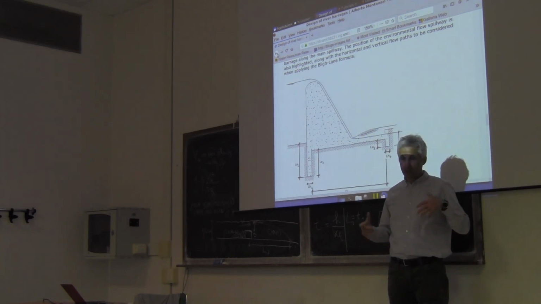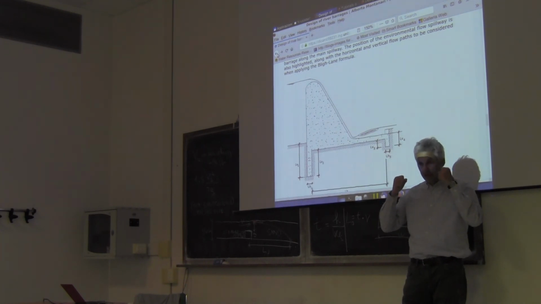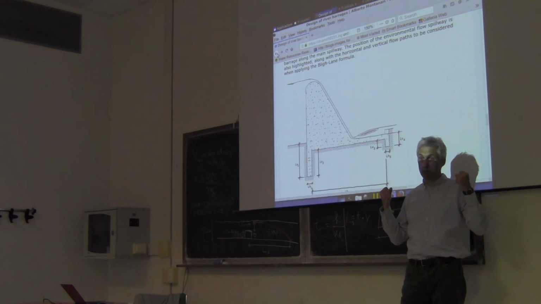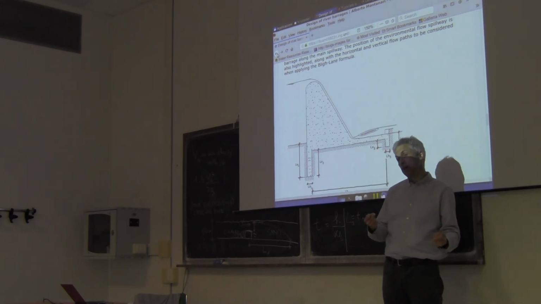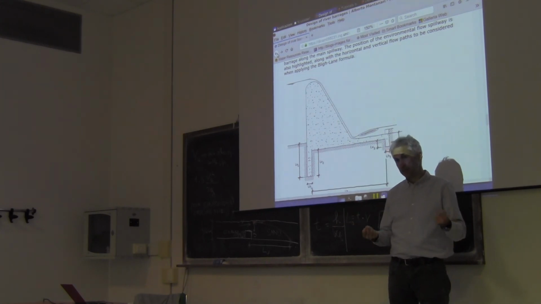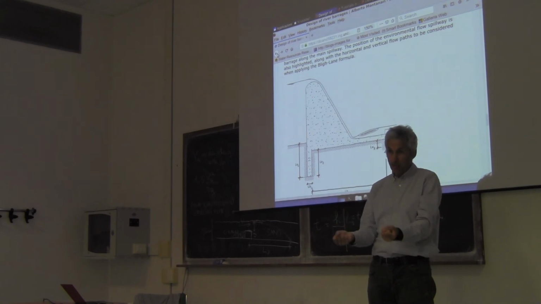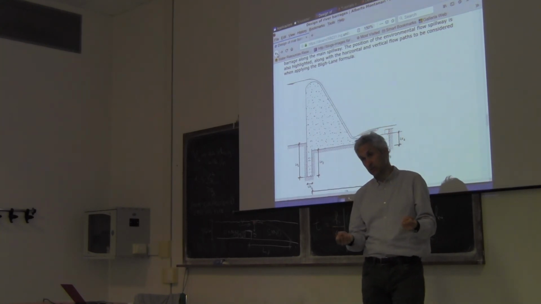The purpose of creating a pool is that when the flow lands into a mass of water, of course you have a huge dissipation of energy. It's the water itself that protects the riverbed. It's much better to have the flow landing over water rather than the flow landing directly on the stones.